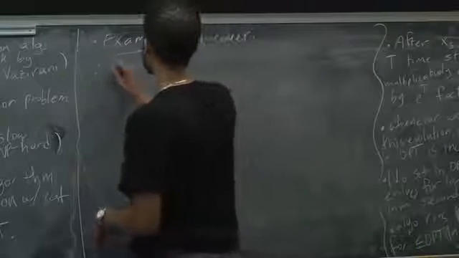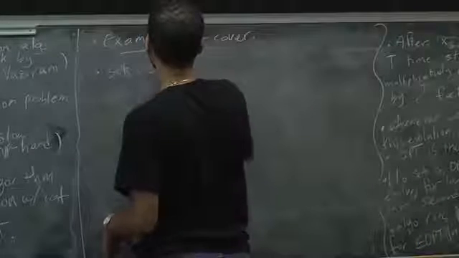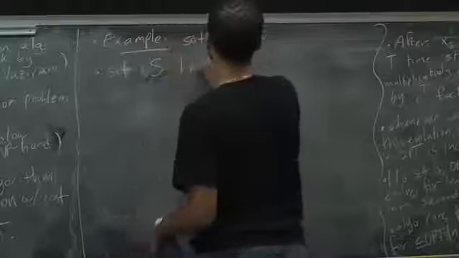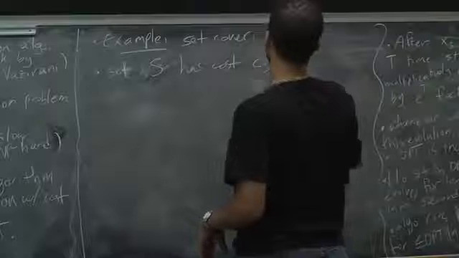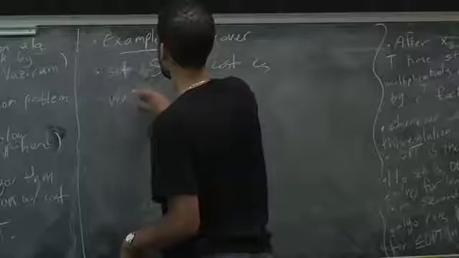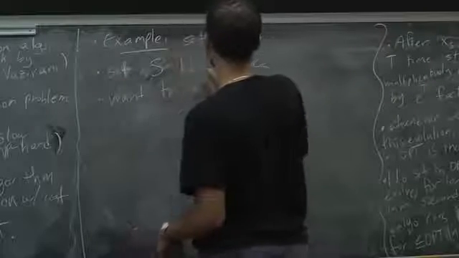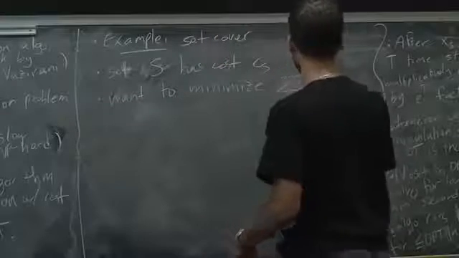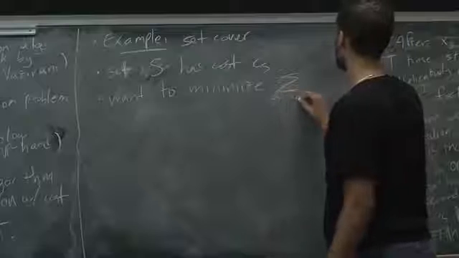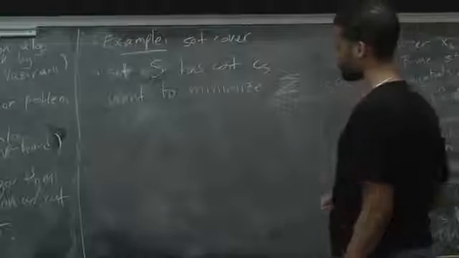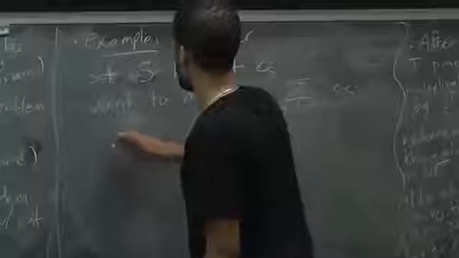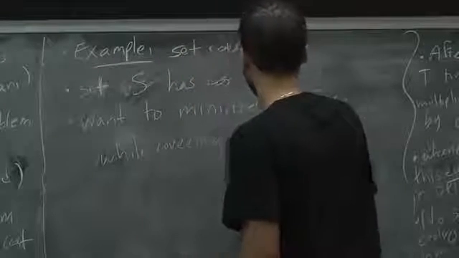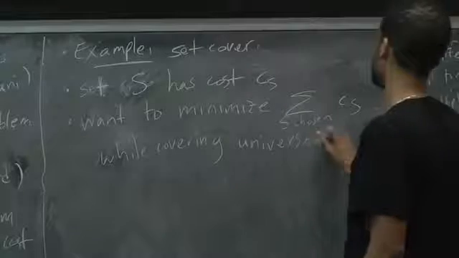So set S has some cost, C sub S. We want to minimize the sum over S chosen of C sub S, while covering the whole universe. So before, the C sub S's were all 1.